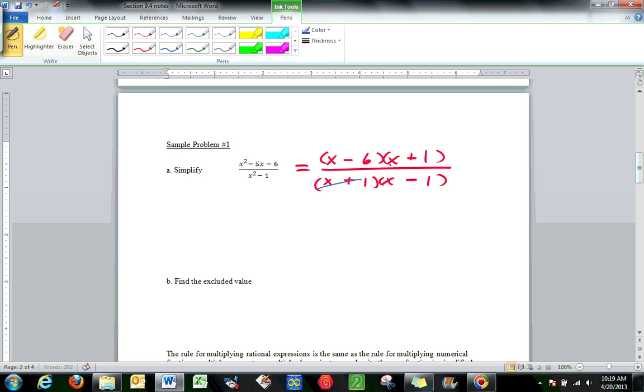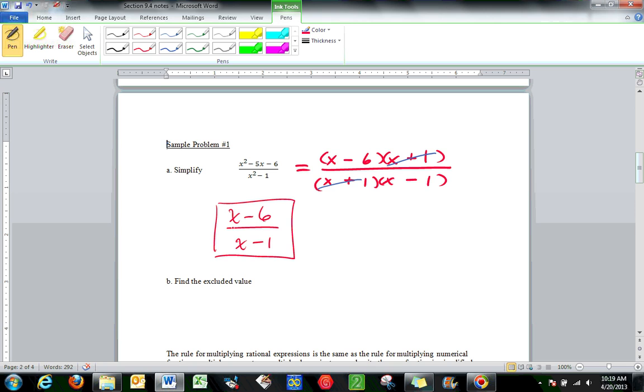So we can cancel out those x plus 1s, which will simply leave us with an x minus 6 on top and an x minus 1 on bottom. And remember, the x values are like terms that are part of a bigger term, so they cannot factor out. So that is our final simplified answer, x minus 6 over x minus 1.